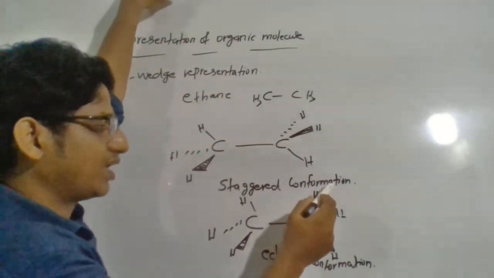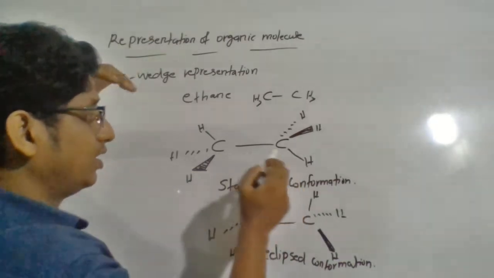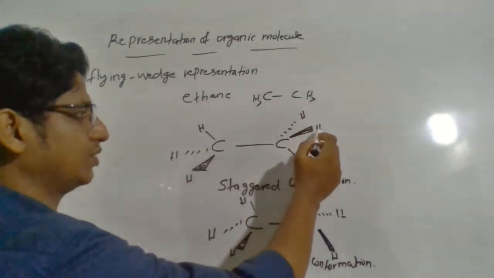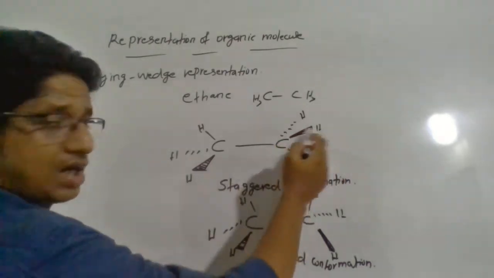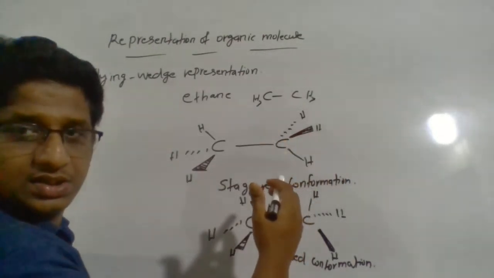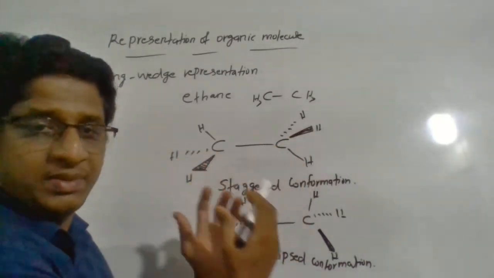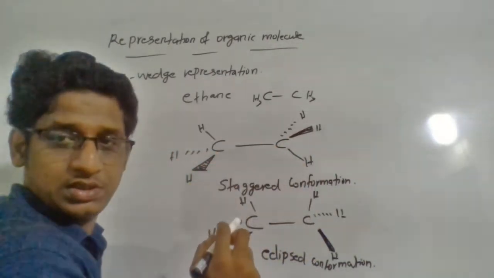One is the staggered conformation, where the hydrogen which is coming towards you is at a very far distance, not nearer. Which means the electron-electron repulsion will be minimum in the staggered conformation.